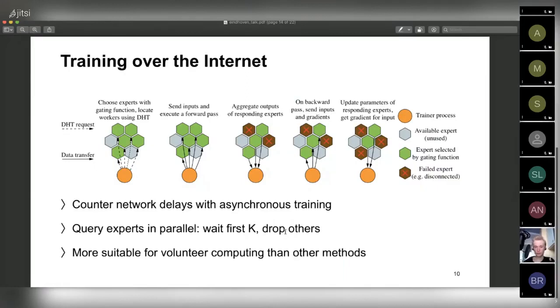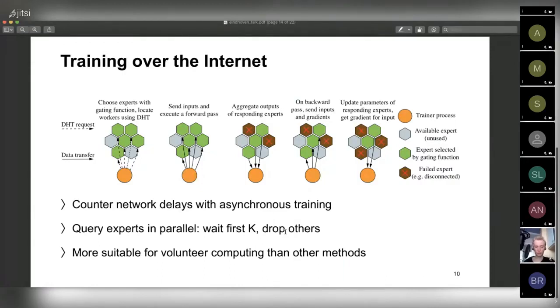For instance, they've gone offline, or they are failing to respond in a given amount of time, so you can't wait for them. You just aggregate the outputs of the experts which have responded to your inputs. So basically, you average your outputs with the weights adjusted by the number of responses you've achieved. So you renormalize the sum, basically.